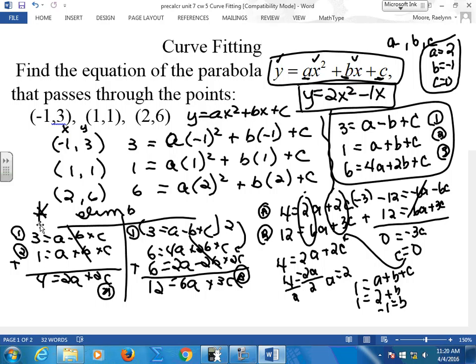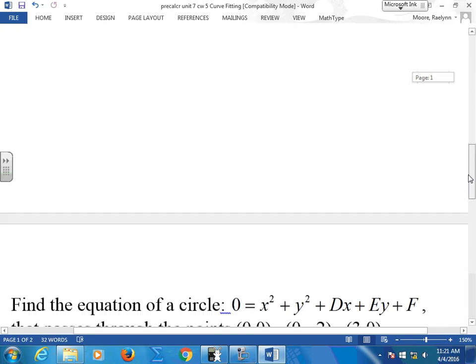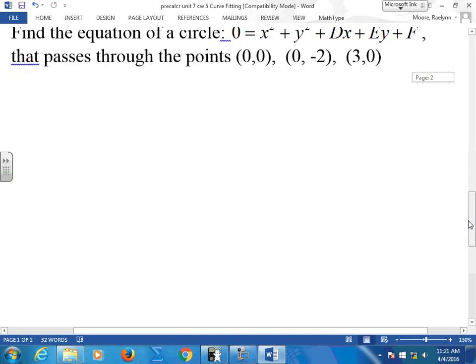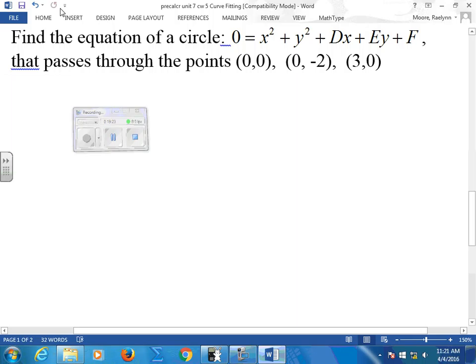Okay. Now, we also do this for a circle. Yikes. The circle is just a little bit tougher, but not that different.